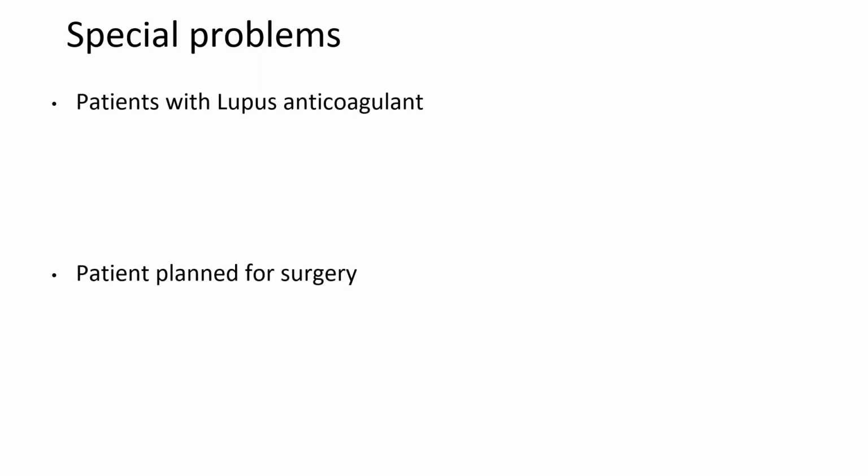Now coming to some of the special problems, one such scenario is patients with lupus anticoagulant. Now what is the issue with lupus anticoagulant? These are patients with antiphospholipid antibody syndrome. If the patient already has thrombus and you have started warfarin, even though patients with lupus anticoagulant are at higher risk of thrombosis, the target INR is still 2 to 3.